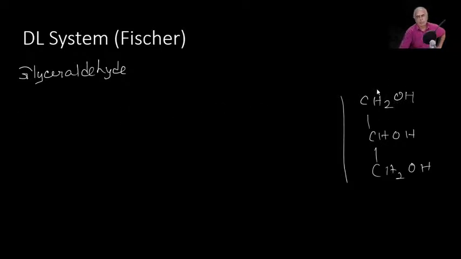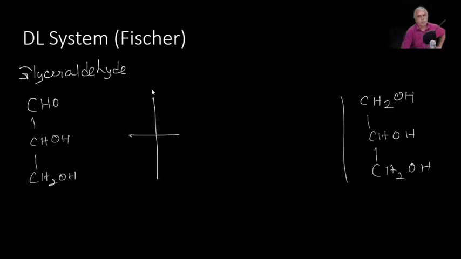So CH2OH becomes CHO. So CHO, CHOH, CH2OH. This can be represented like this. That is CHO, here H and OH, and this is CH2OH. And what is the mirror image of this one? So let us draw the mirror image.